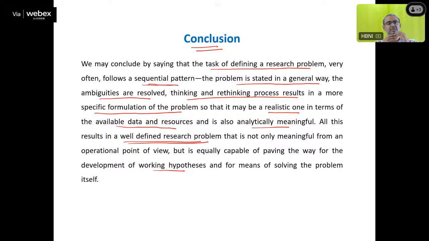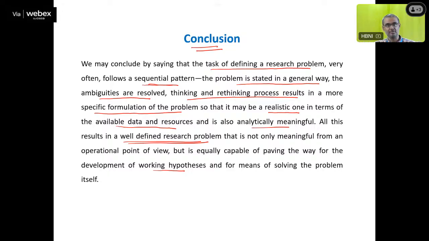Then you study in that field, do extensive research, literature survey, discuss with your peers and seniors in a very open manner, and then rephrase the problem so that finally the problem statement you propose is clear, operational, and helps you in clearly understanding the working hypothesis which you will solve during your research years.